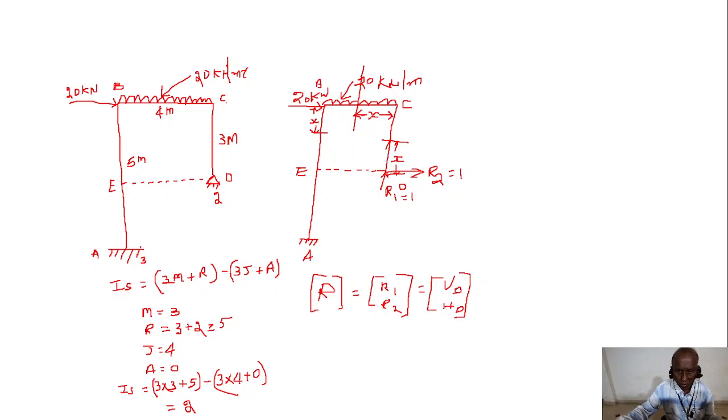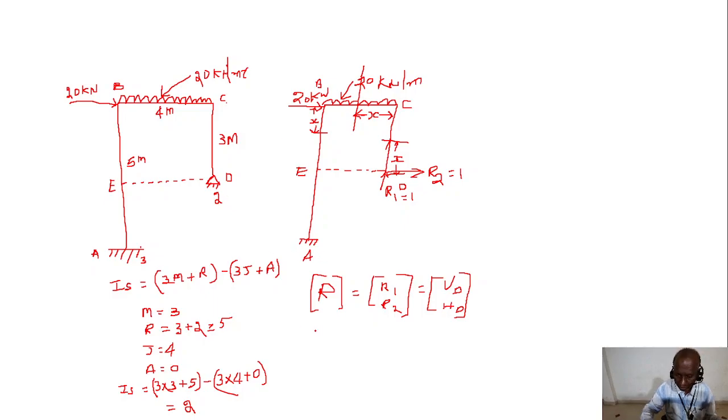What is the external load? 20 kN, so due to 20 kN, the moment is 20 into 4 into 2. Next 20 kN, 20 into X. This is clockwise direction, this is also clockwise direction.